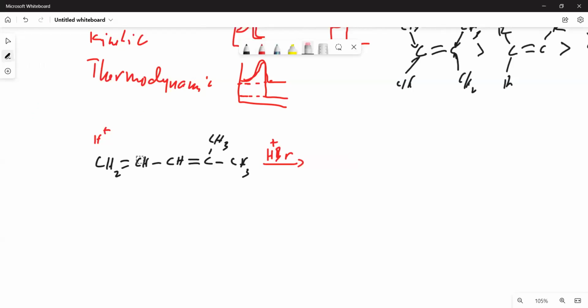You can apply Markovnikov's rule here to easily predict where you are going to attach the electrophile, because you have CH2 here.